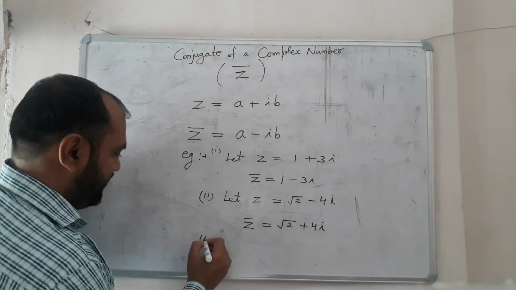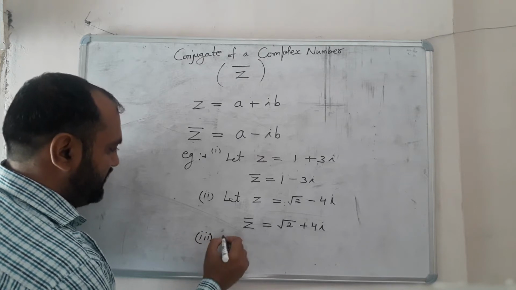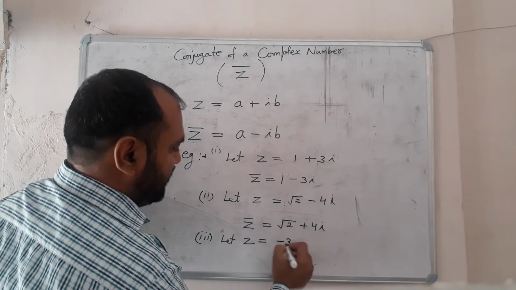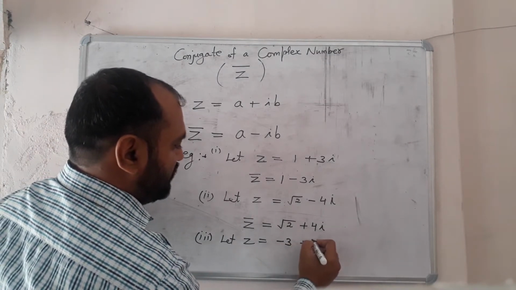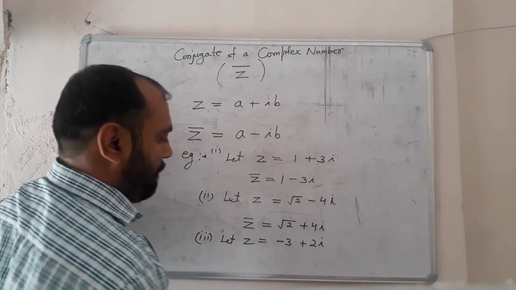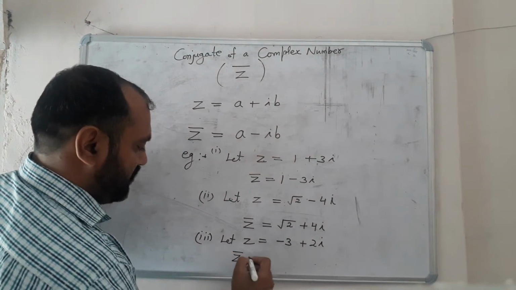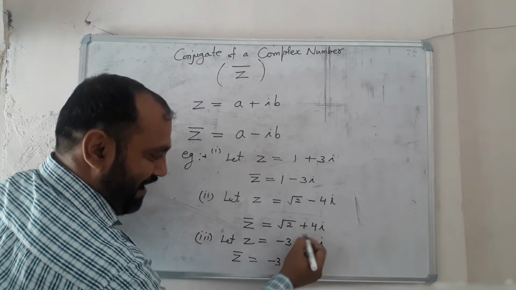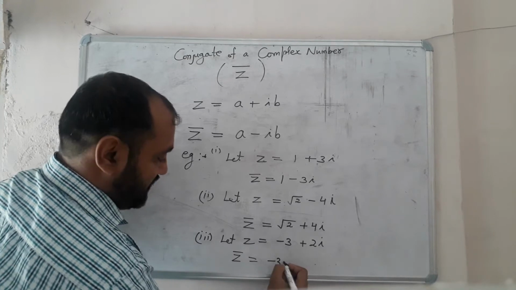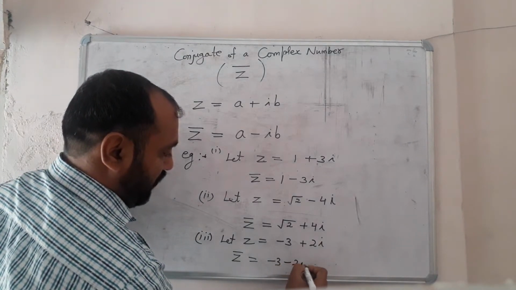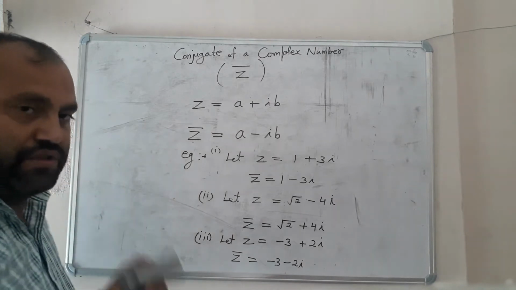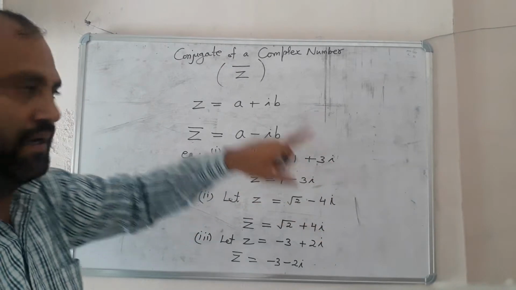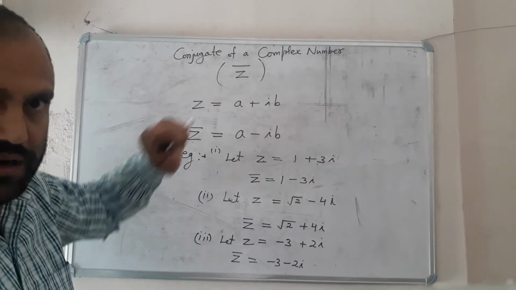Another example: Z is equal to minus 3 plus 2 iota. Its conjugate is minus 3, which remains the same, and you have to change the sign of the imaginary part, so this becomes minus 2 iota. This is the conjugate of a complex number, denoted by Z bar.